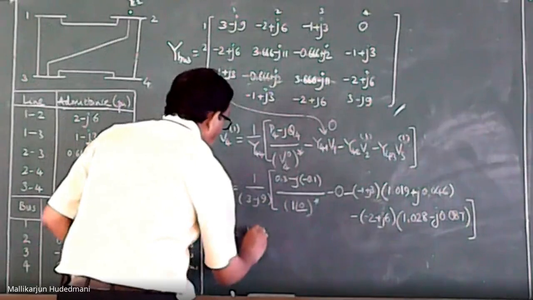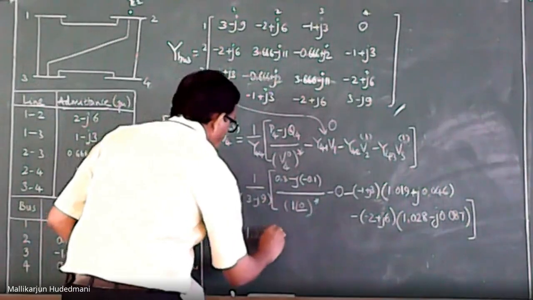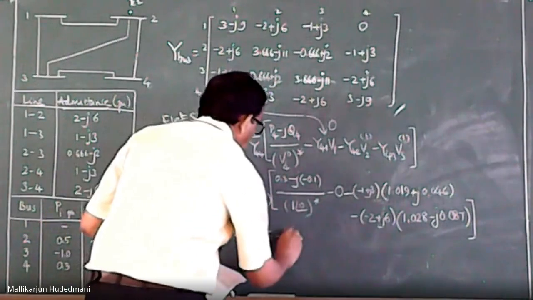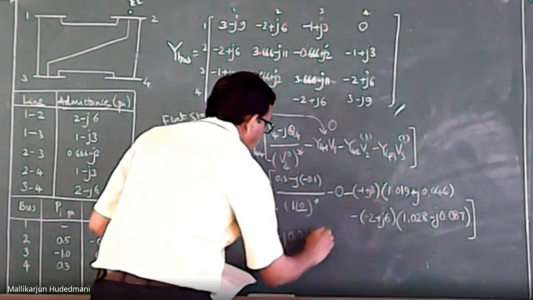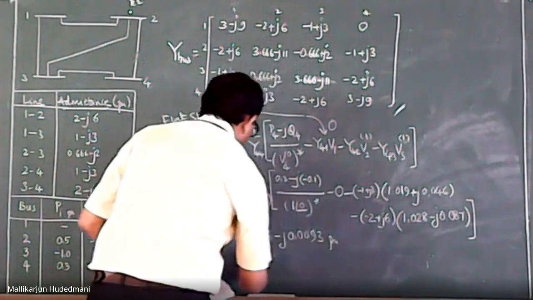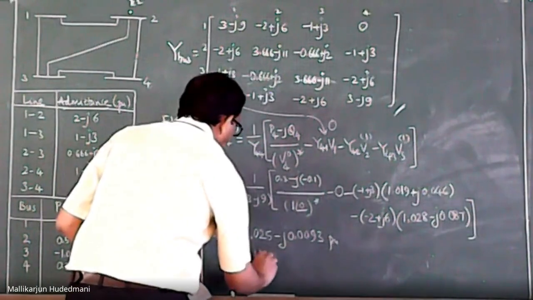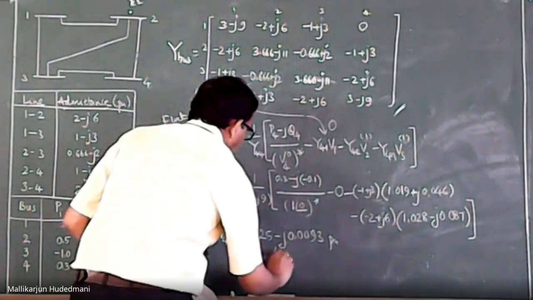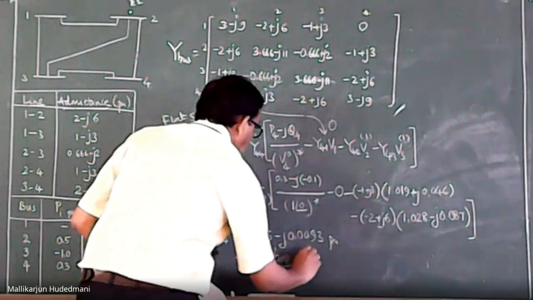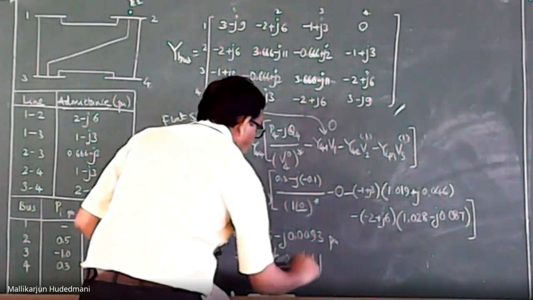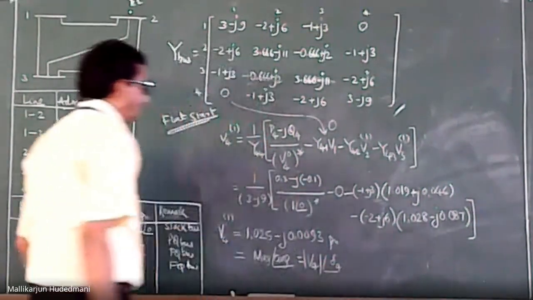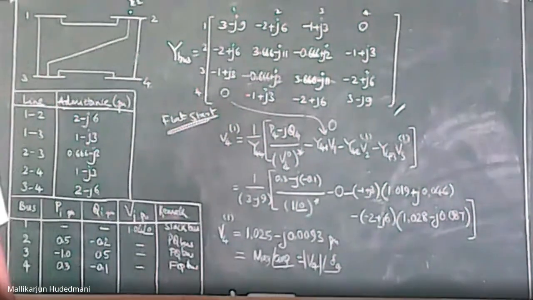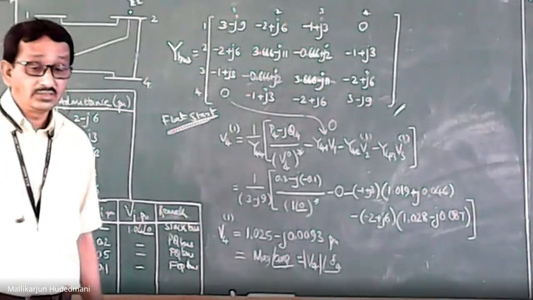This is 1.025 and we have minus j0.0093 per unit, which can be put as magnitude and angle, equal to V4 angle delta 4. I can write this. So I have reached my problem's end.